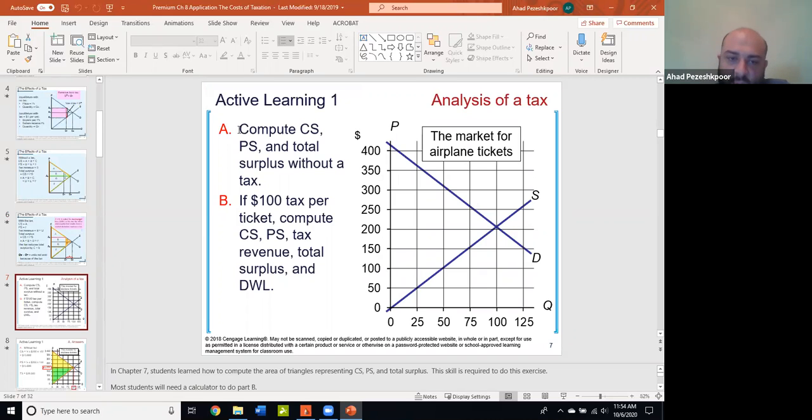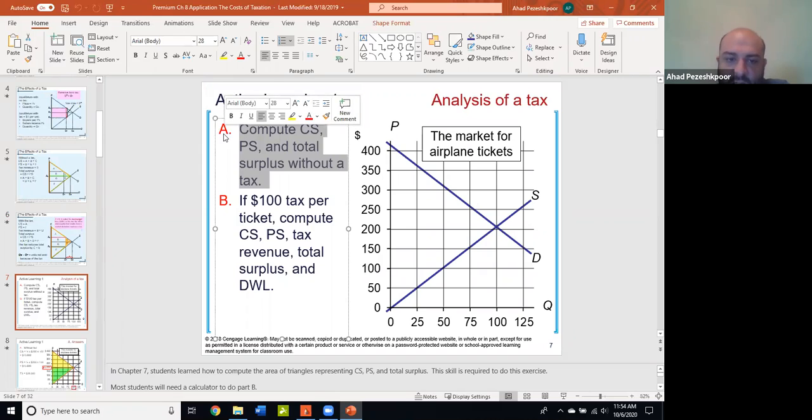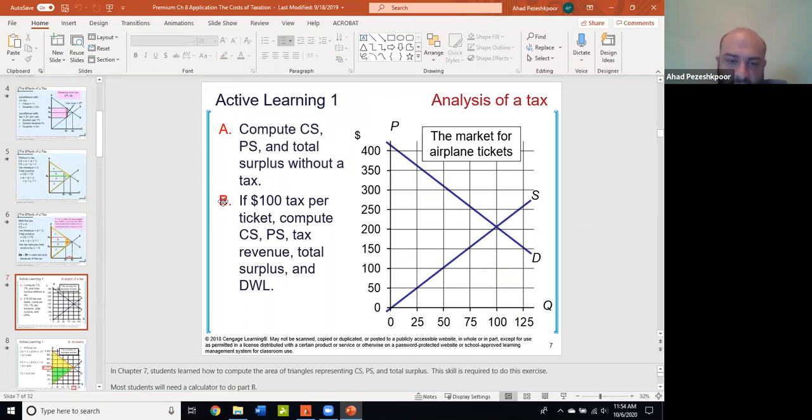Last time we did part A, so now let's do only the important part, which is part B. If a $100 tax per ticket is imposed, compute consumer surplus, producer surplus, tax revenue, total surplus, and deadweight loss.